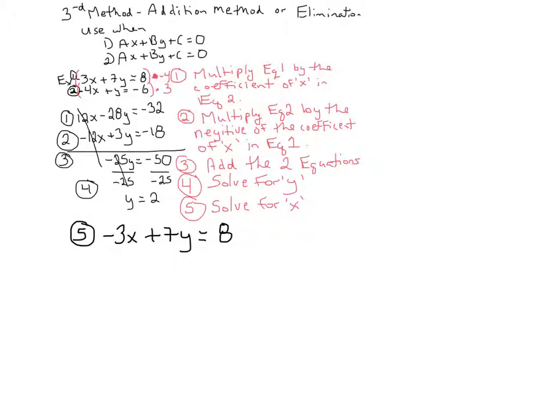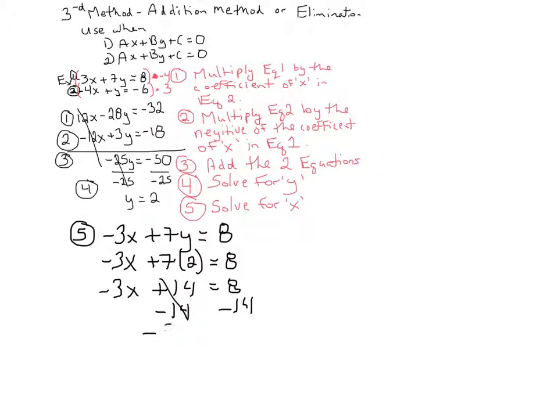So, let's plug in our y. We already solved for y. So negative 3x plus 7 times 2 equals 8. Negative 3x plus 14 equals 8. I'm going to subtract 14 from both sides. That would get rid of that.